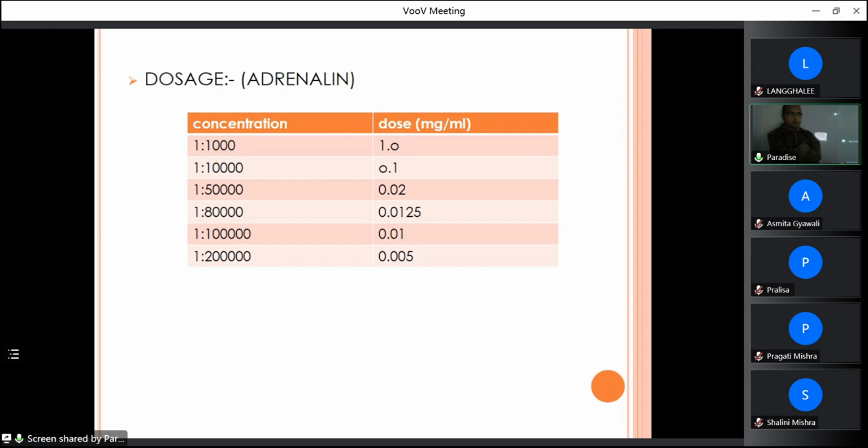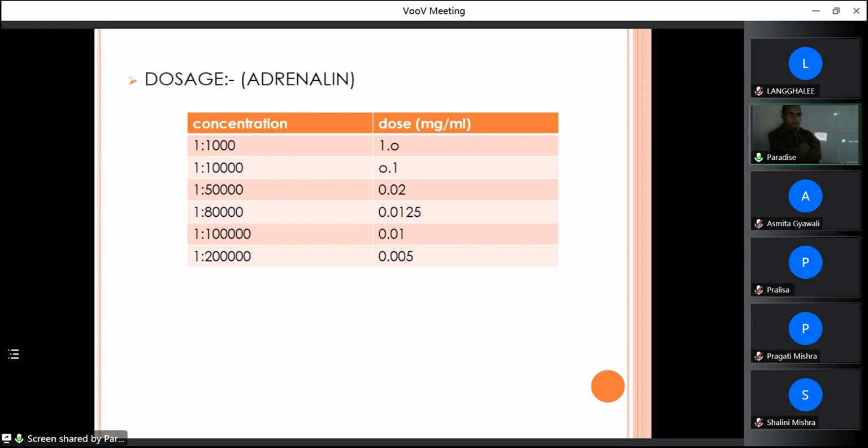You should not cross this dose. So if the concentration is 1:1 lakh, then its dose is about 0.01 mg per ml. It indicates that in 1 ml of local anesthetic solution, there is 0.01 mg of adrenaline.